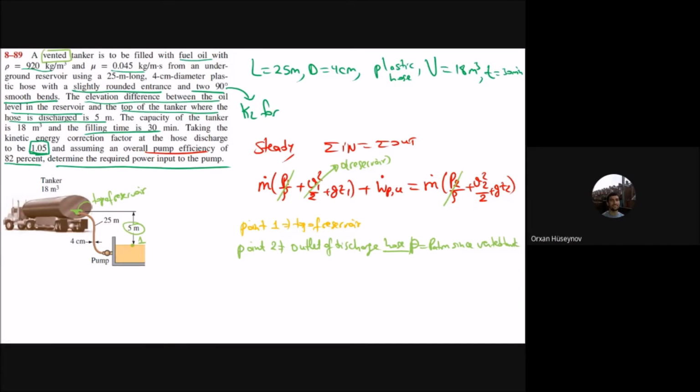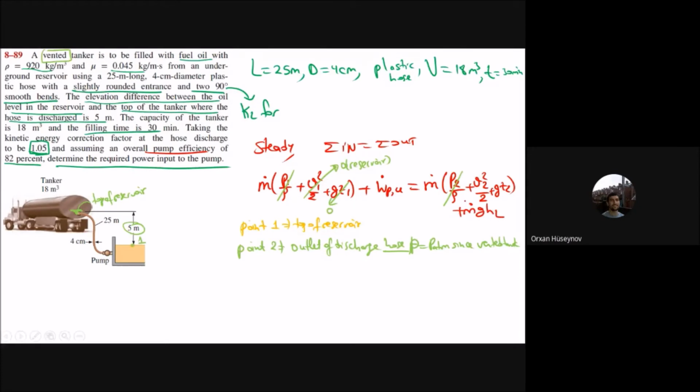The better one is the outlet of the discharge hose, at pressure P. So V1 is 0, and Z1 is also 0. And then we have the useful pump work, and m dot times (V squared by 2 plus gZ2). I've forgotten to add one term, which is the losses: plus m dot g hL, the losses term. I forgot to add it.